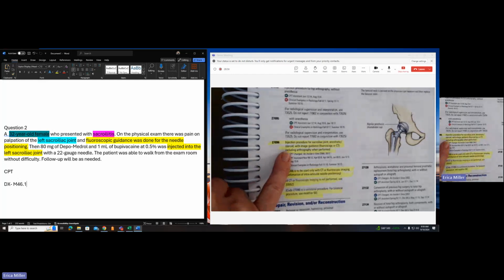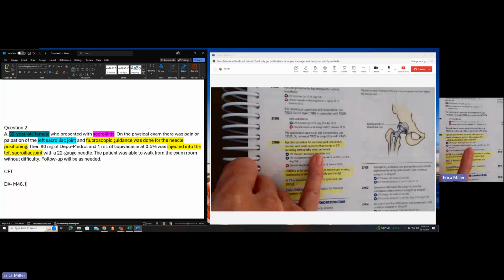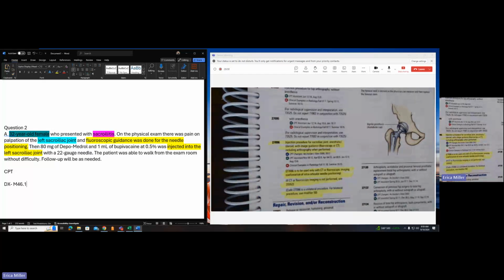And then notice it says including arthrography when performed. So that was what I was curious about from the index. Well, they didn't talk about doing any imaging. Arthrography would be an image of that joint. But they didn't do that. They just used fluoroscopy for the needle positioning.